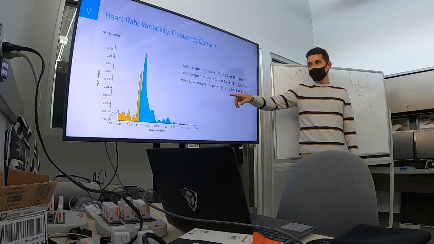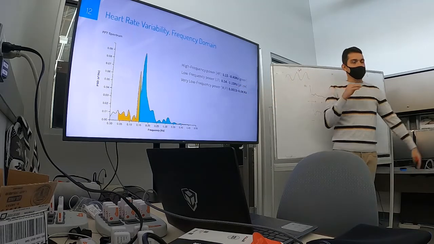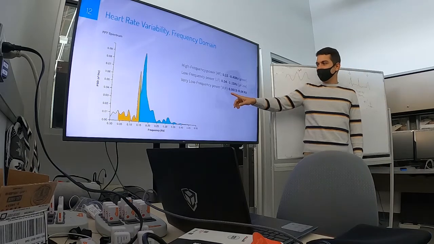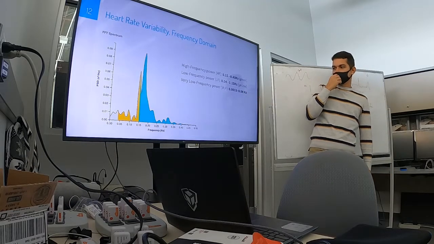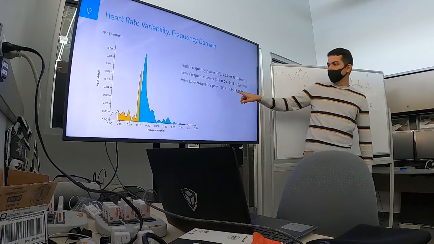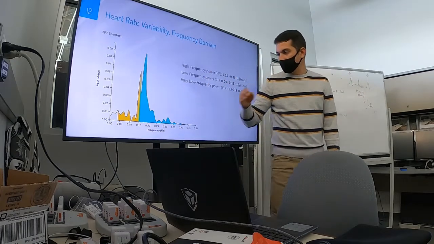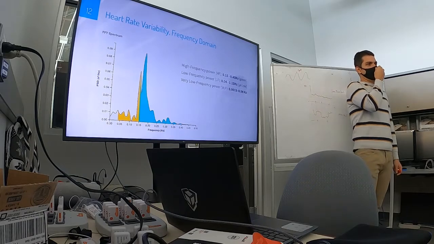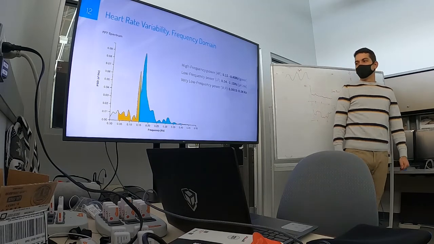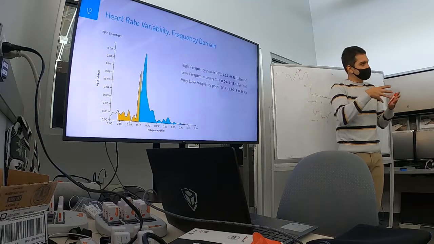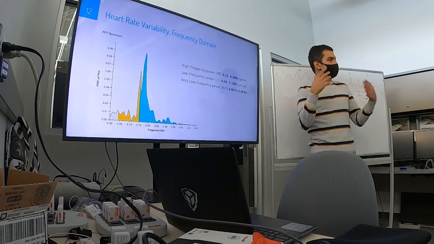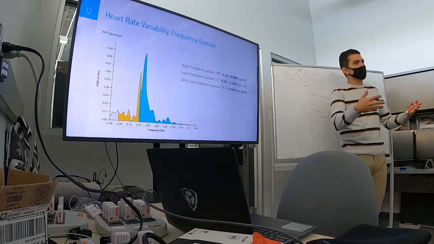Low frequency is yellow, so that means more the left side of the curve. And then you also have very low frequencies, those are pushing a little bit harder to the left. There's not a lot of research on very low frequency, just because it's very specific to activities, or to people that are not normally associated as healthy adults.